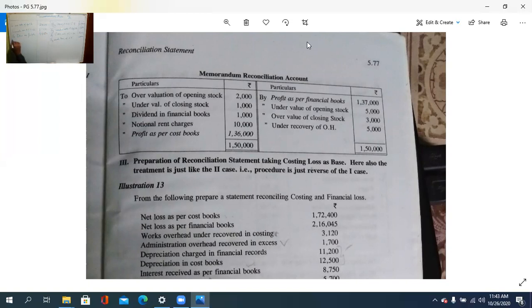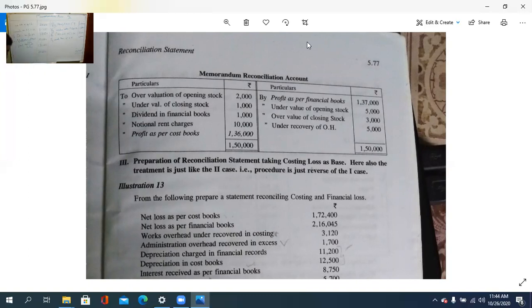Then to notional rent charges or interest, for that. Okay, to notional rent charges, how much? 10,000. So take the total: 10, 11, 12, 14. Here 1,50,000. So the balance is profit as per cost books, 1,36,000.